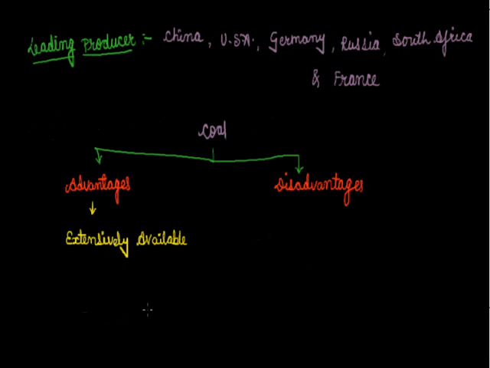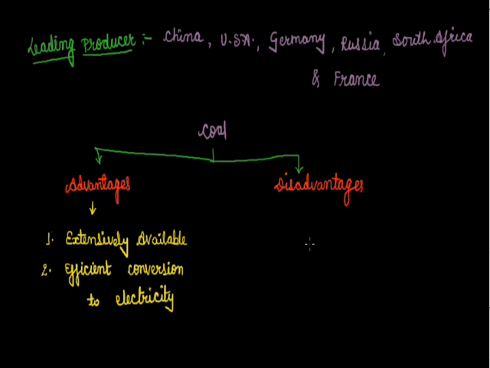And the second one is efficient conversion to electricity. It is considered efficient conversion to electricity because by this mineral resource we can generate electricity easily.